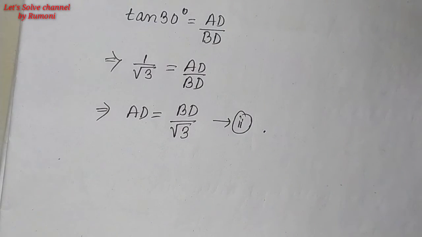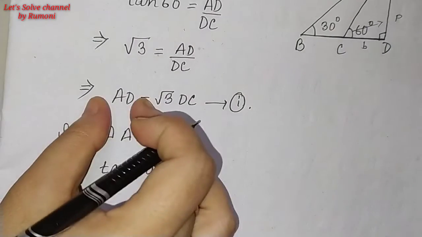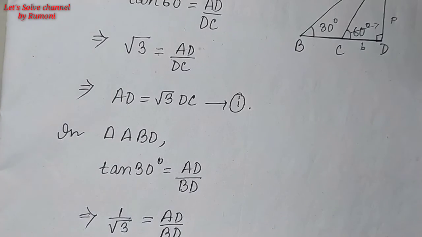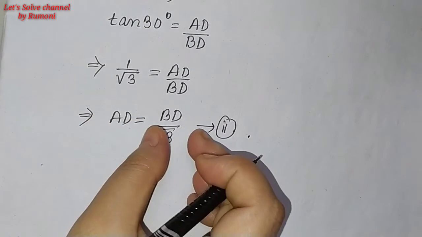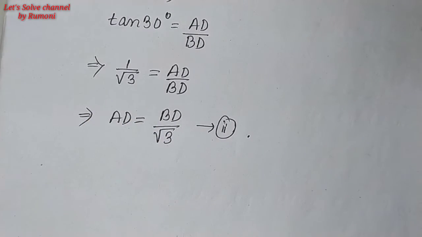So students, you can see here AD is equal to root over 3 into DC, and here AD is equal to BD by root over 3. So what you can write?